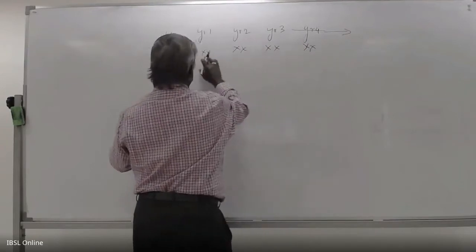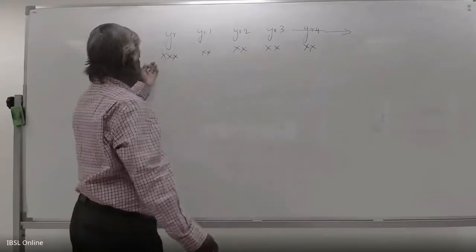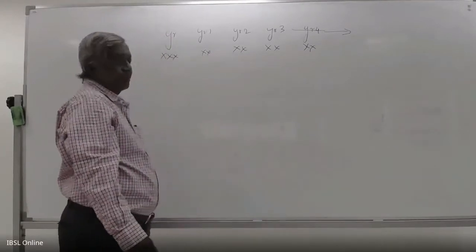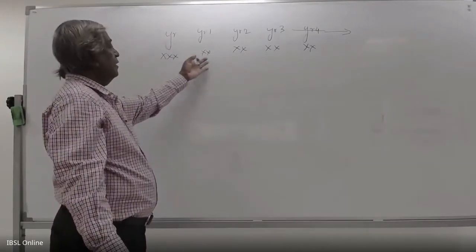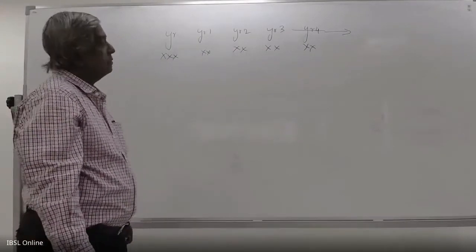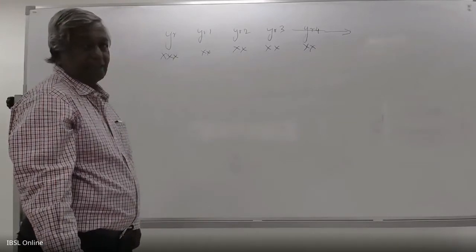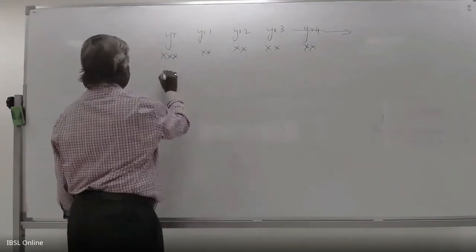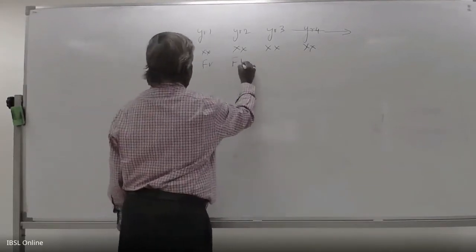So this much we are investing now, and we are going to get this much money in future. This is the present value, these are the future values.